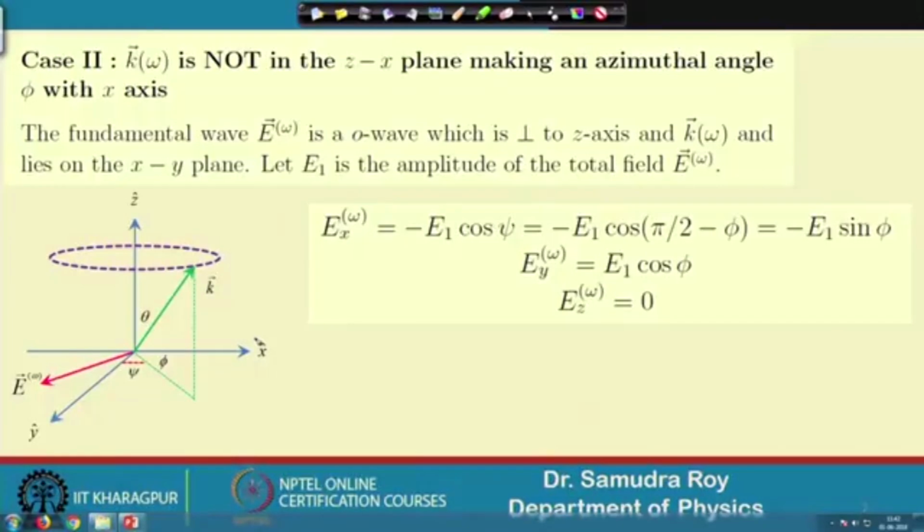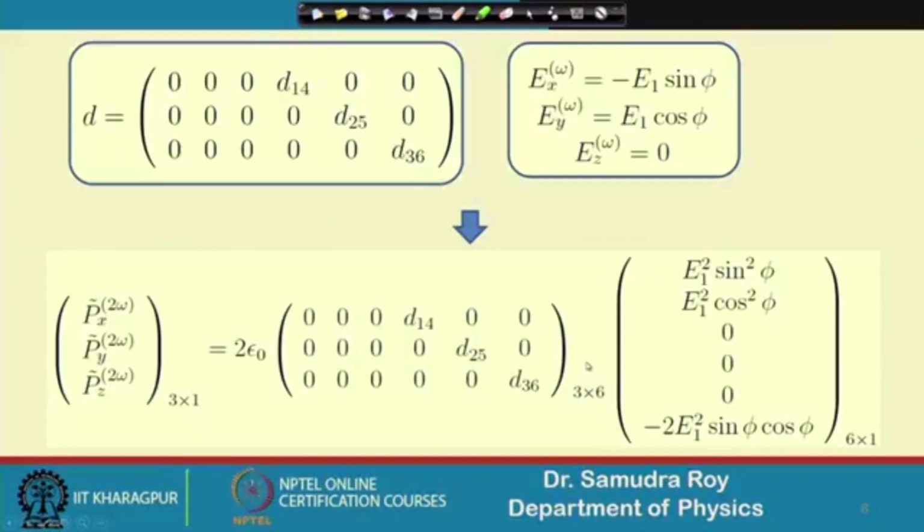That means now k is not in the xz plane, it is hanging in space, and we need to find out, if I change the launching angle in terms of its azimuthal distribution, what will be the fate of second harmonic generation. Whether second harmonic is really going to be generated or not, that we need to find out. So, in the next slide we will try to find it out.